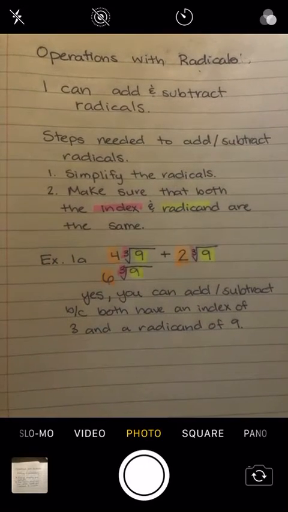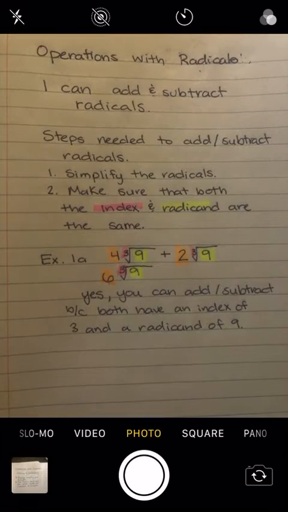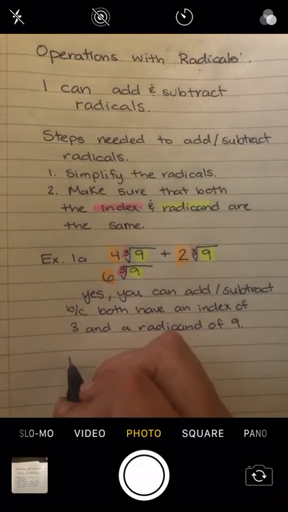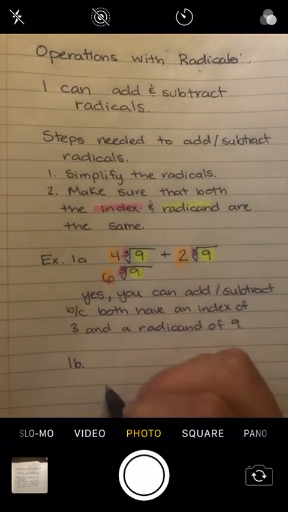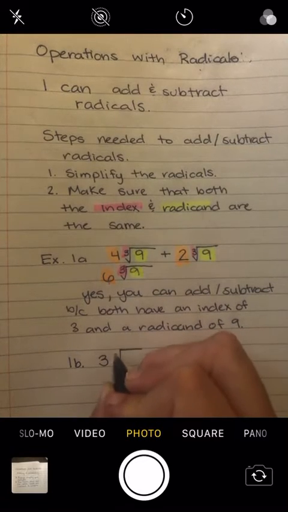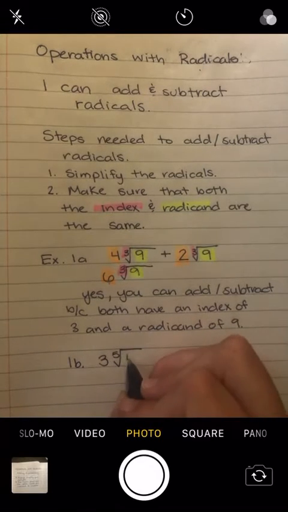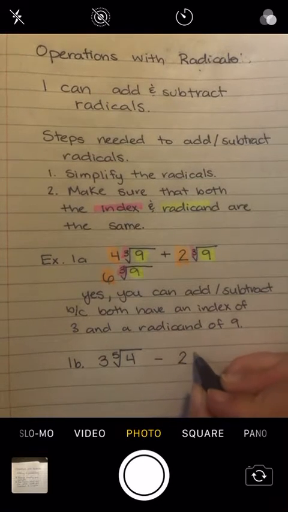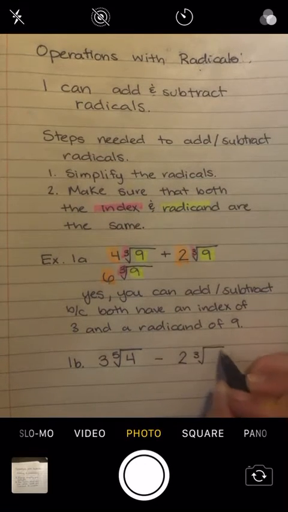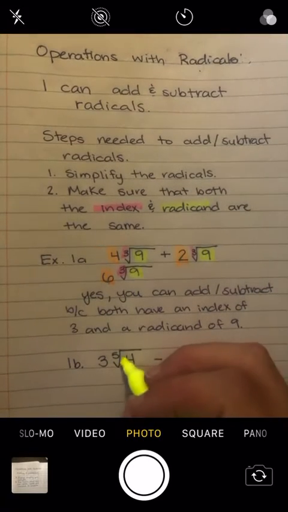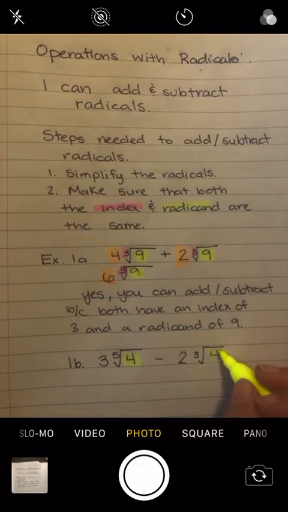All right, the next one, I'm going to give you a really obvious example. So if we have 1B, 3 the 5th root of 4 minus 2 the 3rd root of 4. All right, so let's talk about it. The radicand is the same.